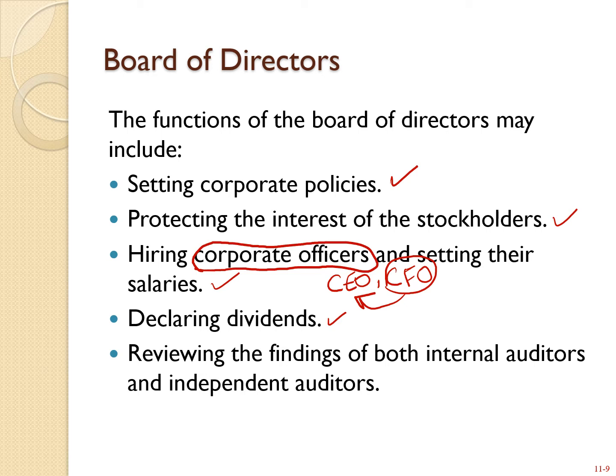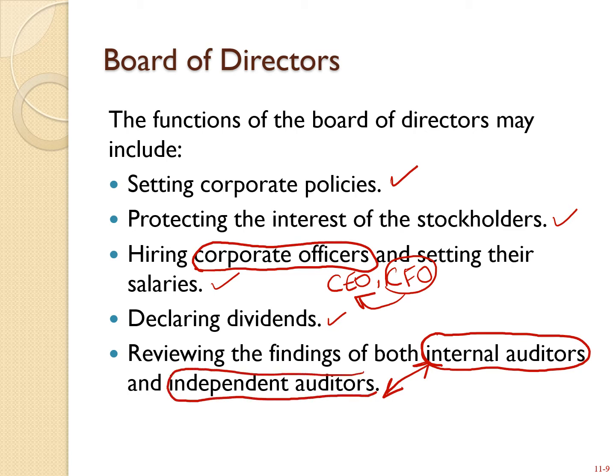And they give you a report, and you also do the same on the internal level, so that you can spot whether those two contradict or not. And it's a better governance measure. So the board of directors review the findings of those teams, the internal auditors and the independent or external auditors.